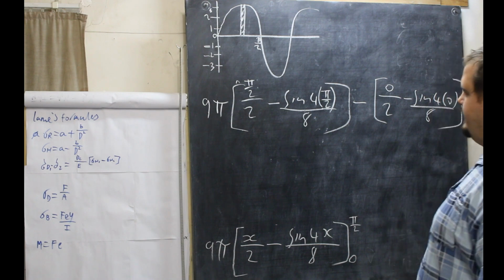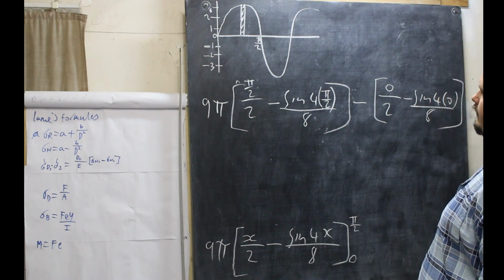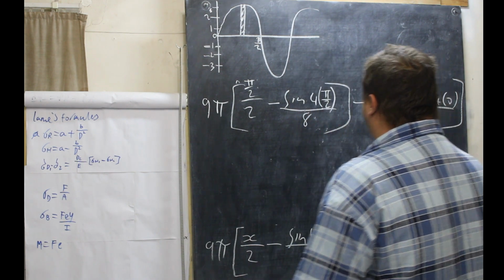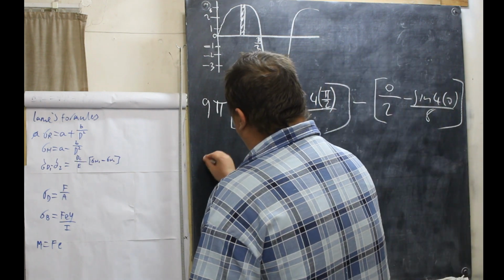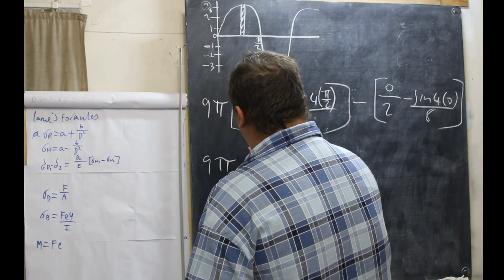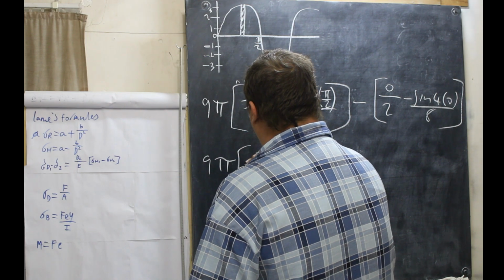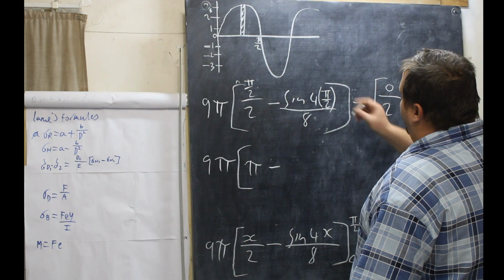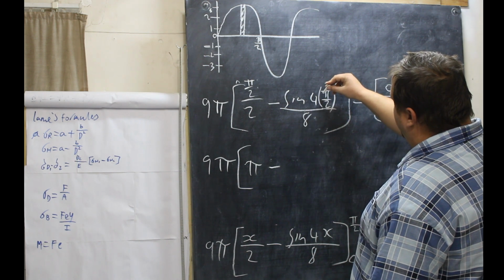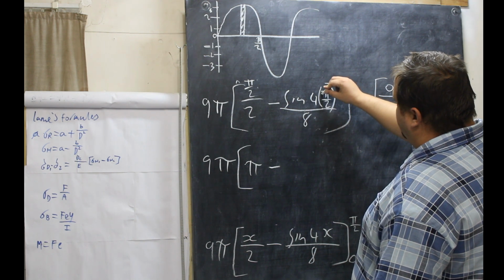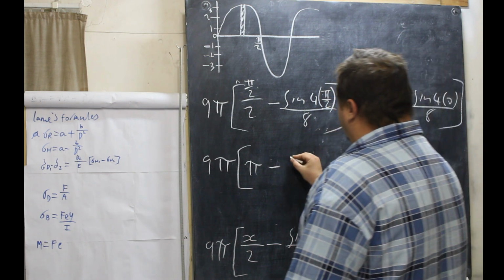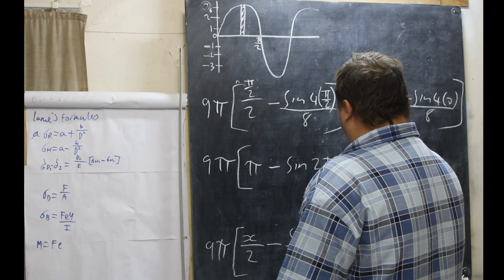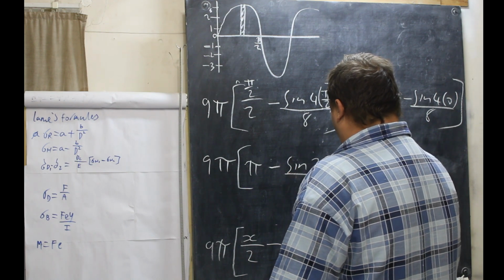So what happens now is that this is just pi over 2 over 2, so that'll end up being pi over 4... 9 pi times pi over 2 minus sine 4 times pi over 2, which is 2 pi, over 8.